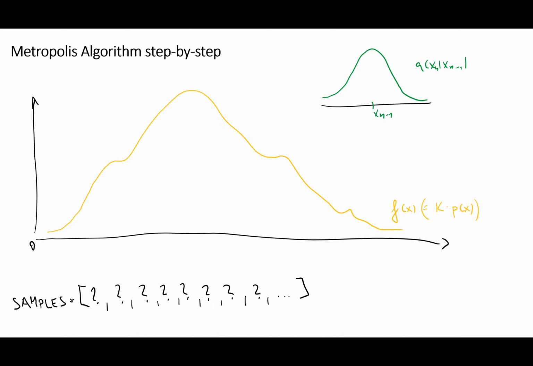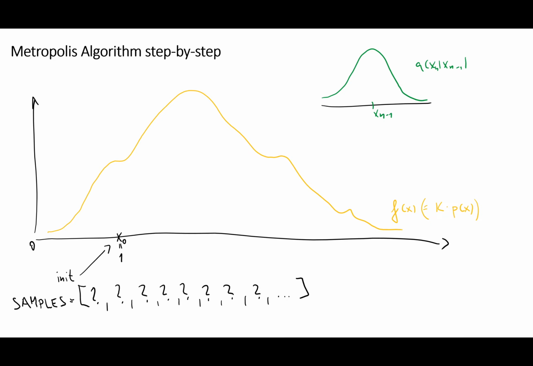Here on top we have this proposal distribution. The yellow line is what we want to sample from, so this is our target distribution, and down here we have this array of samples. We want to fill this array with samples that should come from the yellow distribution, but we will be utilizing the green proposal distribution.